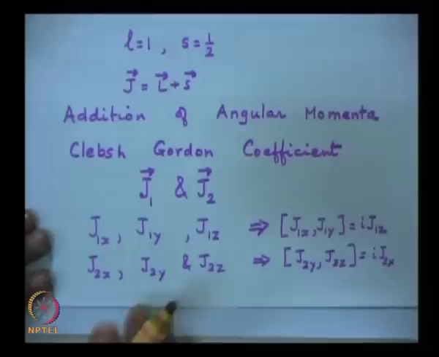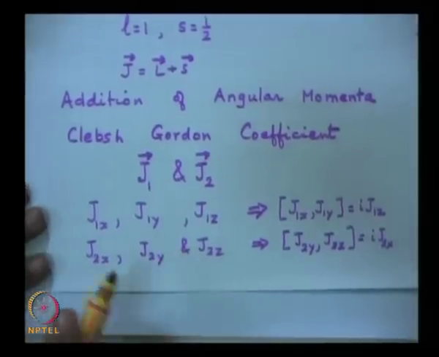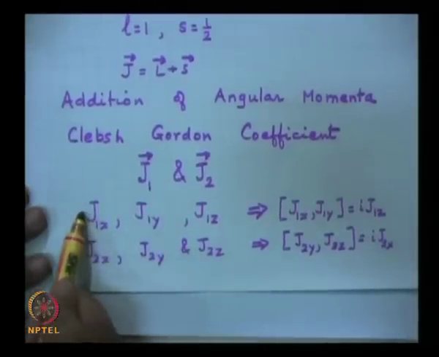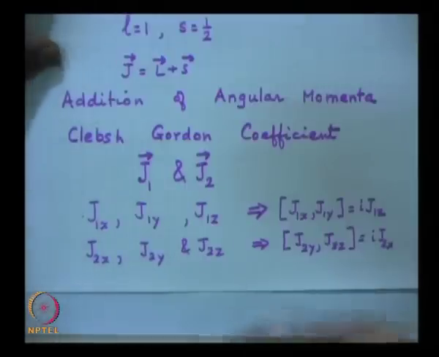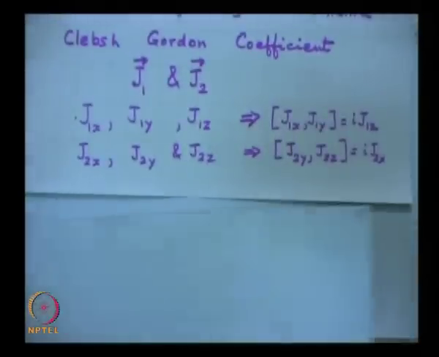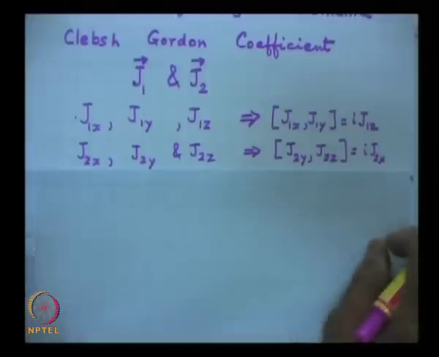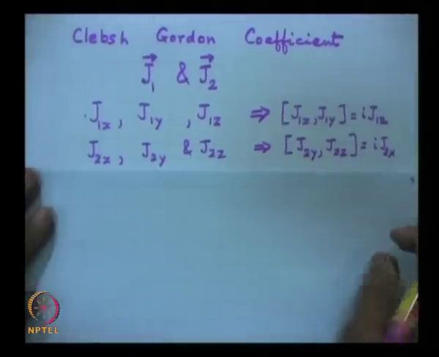We say that the components of J1 commute with components of J2.